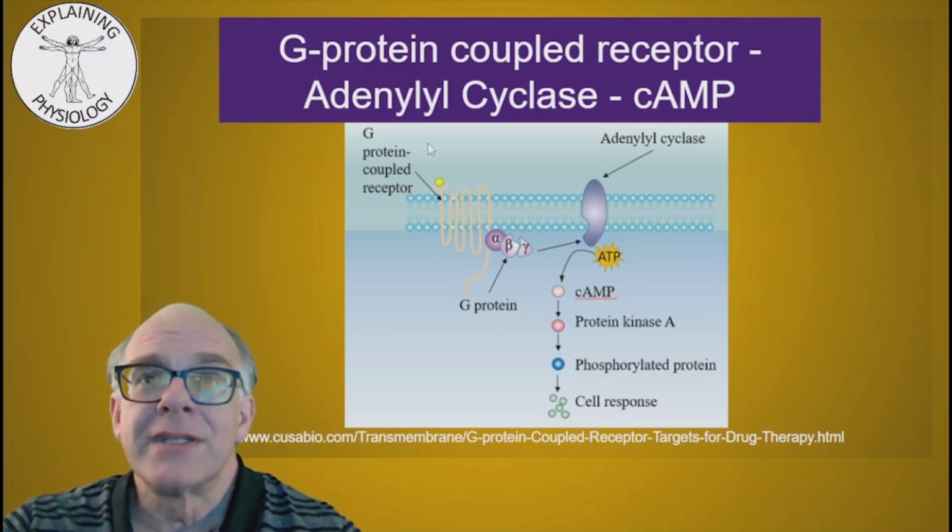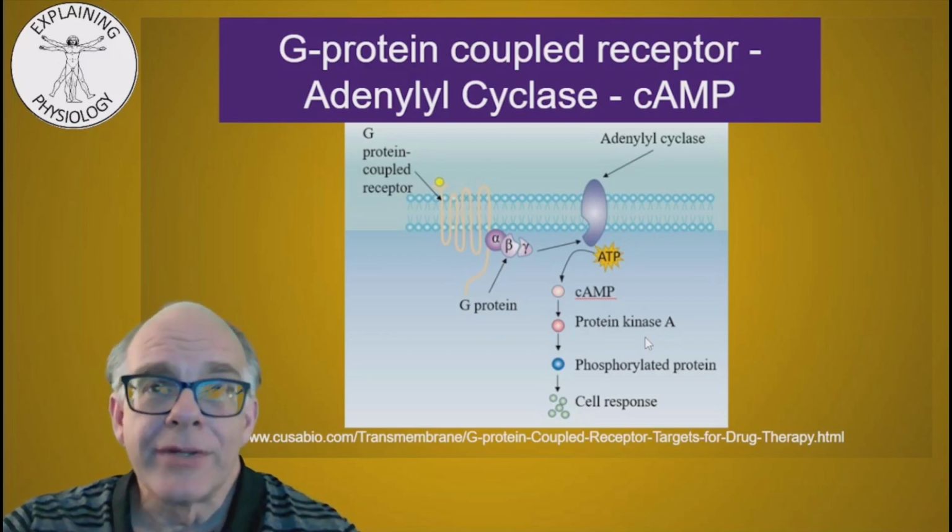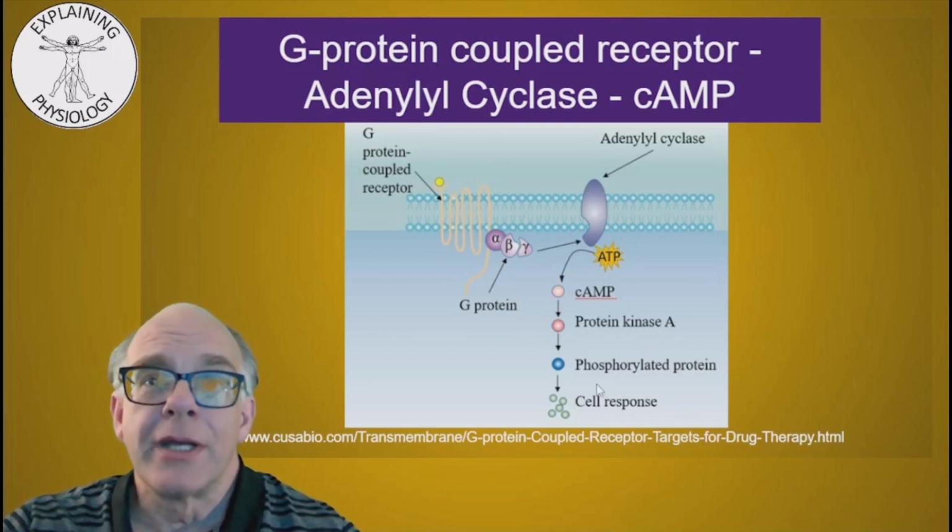And so we got one signaling molecule outside of the cell, resulting in multiple cyclic AMPs acting on multiple protein kinases, resulting in multiple phosphorylated proteins and a much more robust, stronger cell response within the cytoplasm of this cell.